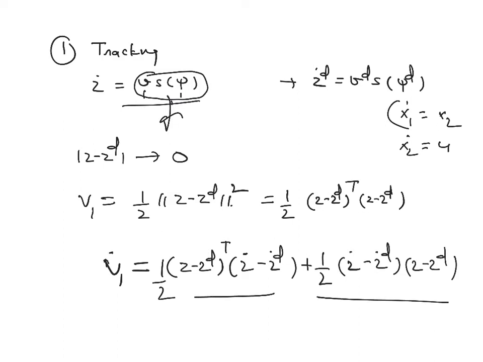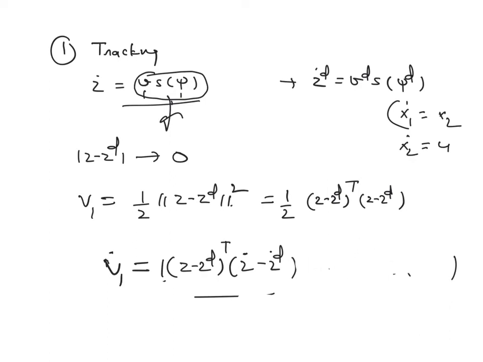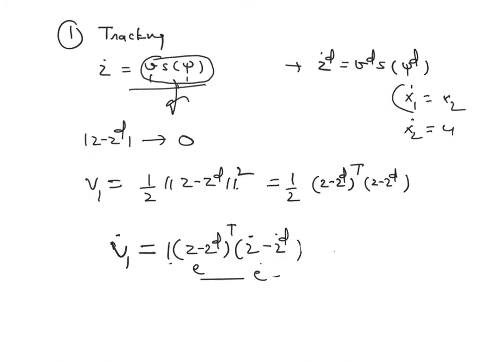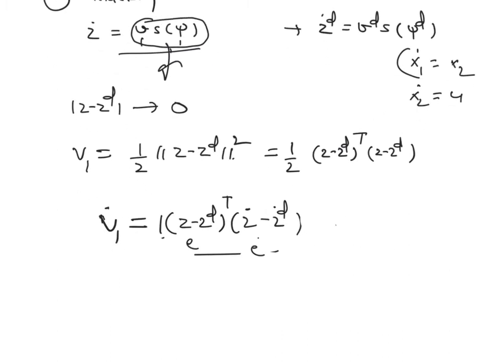So basically you can get rid of one and remove the half. Same thing. Basically this is error dot, right? You can do either way.